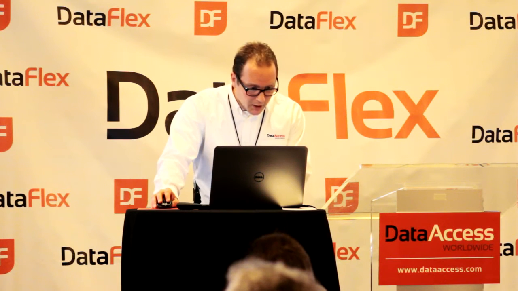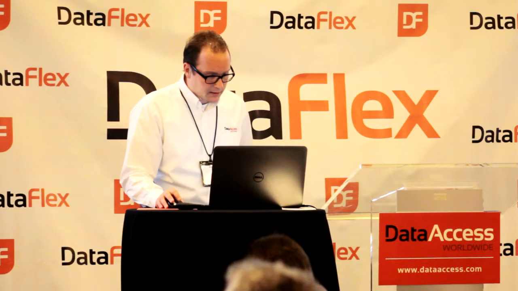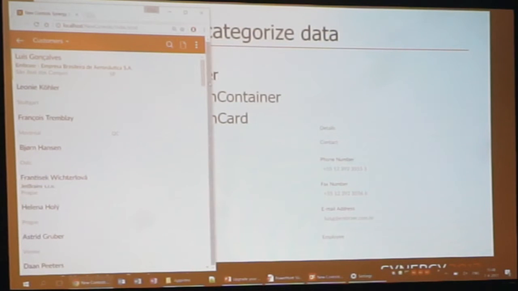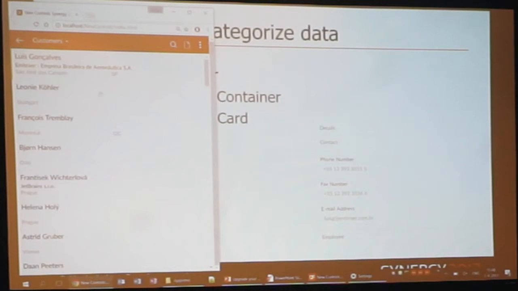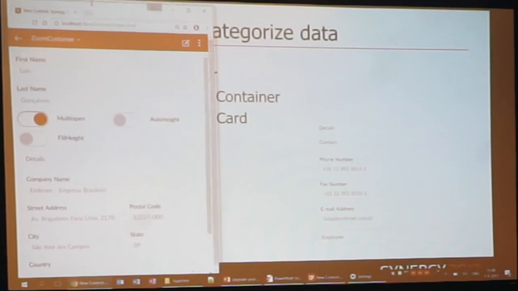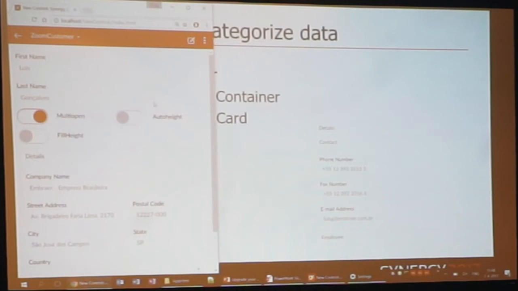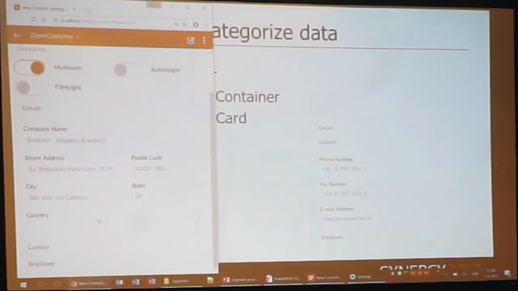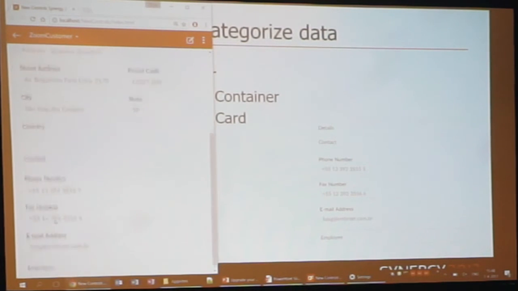So I'm going back. I actually implemented that on the customer screen. So here's my customer screen, and down here we see the card container, and it's actually set to allow multiple ones to open at the same time.